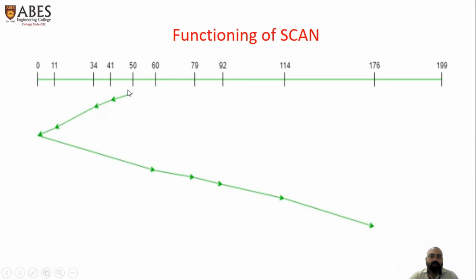The current head position is at 50. Then we move toward the left, servicing all the requests that come in the path. When we reach one end, at 0, we reverse the direction of the head and process all the requests coming in the path.